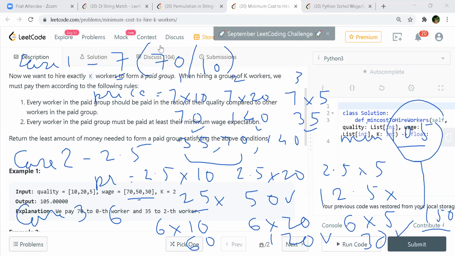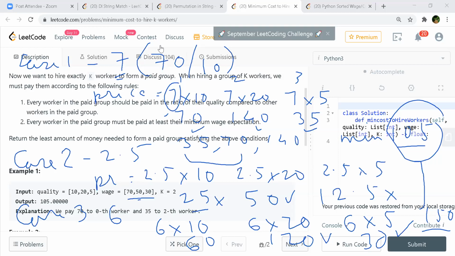Because we are trying to choose all the workers whose ratios are lesser than or equal to this ratio every time. So in this case, when we say 7, we are indirectly trying to find all the workers whose ratios are lesser than or equal to this 7. Everywhere we do the same thing, right?